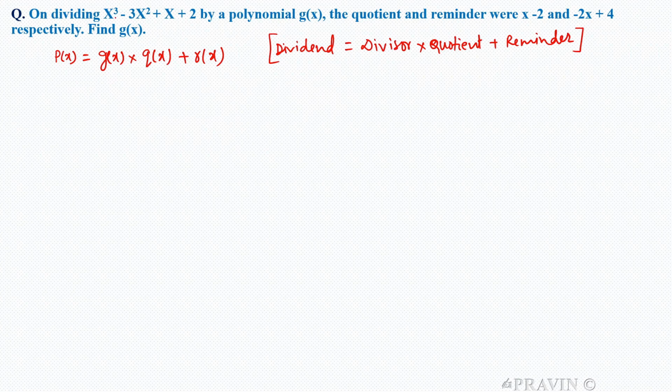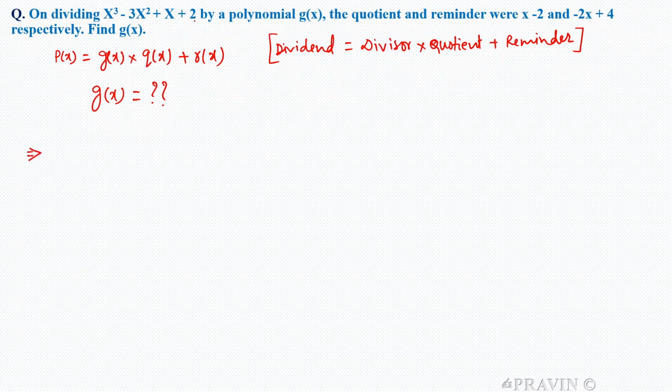Now this x cube minus 3x square plus x plus 2 is being divided by a polynomial gx, and the quotient and remainder were given to you, and you have to find gx. Means here gx is unknown to you, but qx, rx as well as px are known to you. Just write all these.